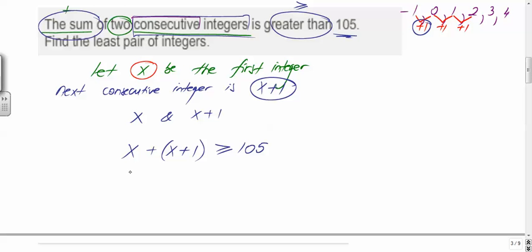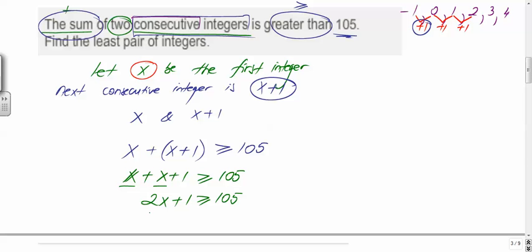And hopefully my tablet here allows me to do that, right? x plus x plus 1 greater than or equal to 105. You will combine the two x's, that gives you 2x plus 1 greater than or equal to 105.